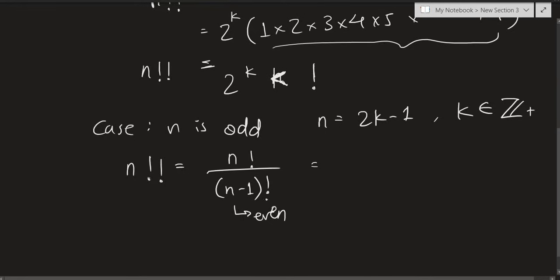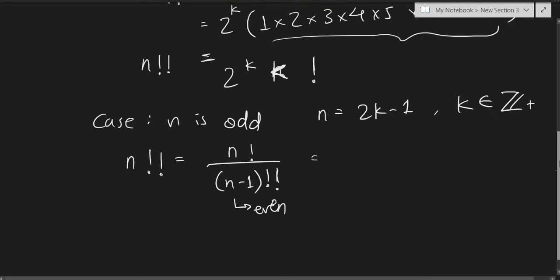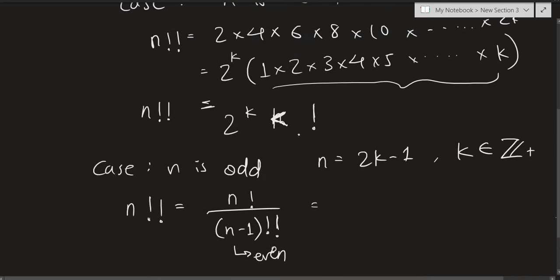So what do we know about, sorry, this is a double factorial because of this definition. What do we know about even number double factorial? We just have this nice relation of them, right?